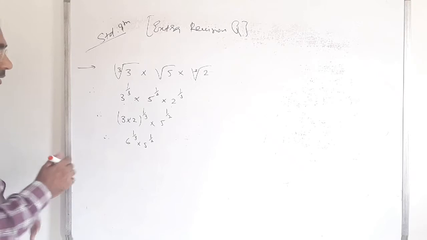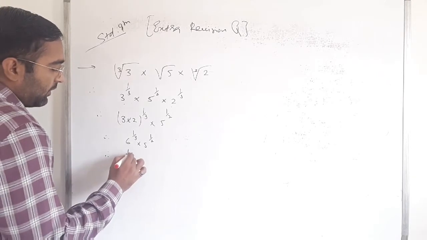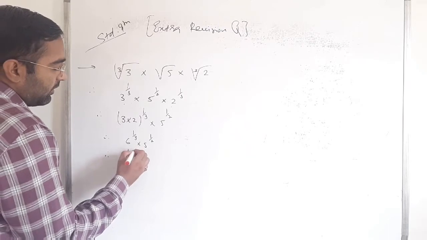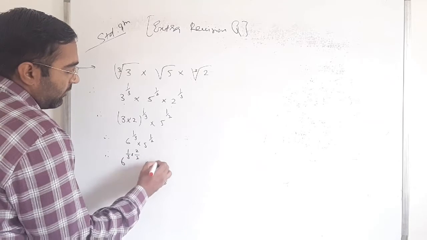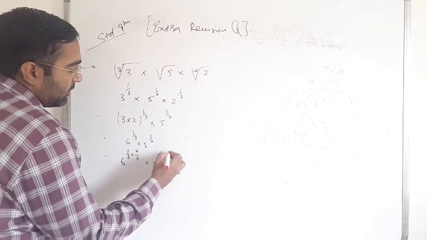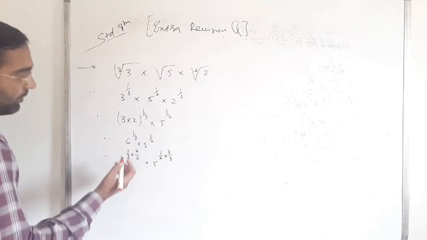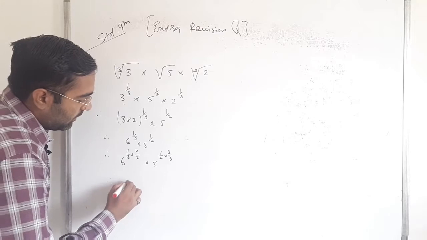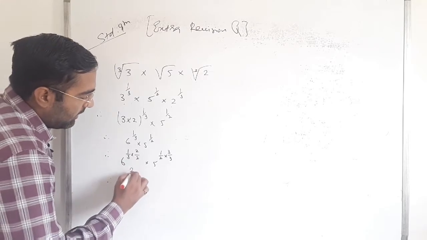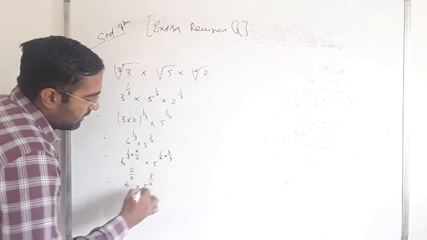So we multiply 1 upon 3 by 2 and 1 upon 2 by 3 on both sides to get the same power: 6 raised to 2 by 6 into 5 raised to 3 by 6.